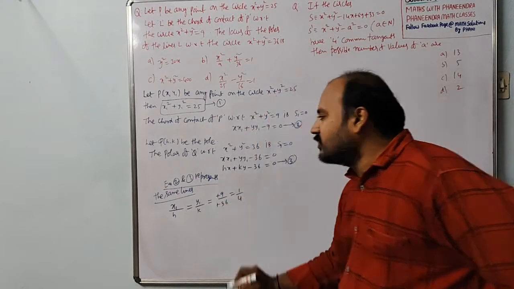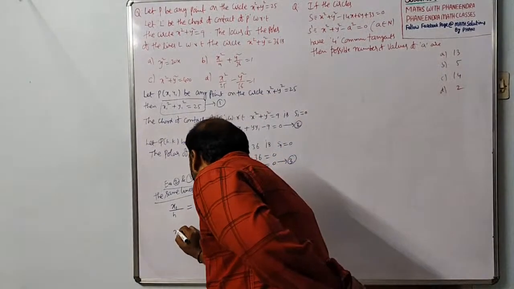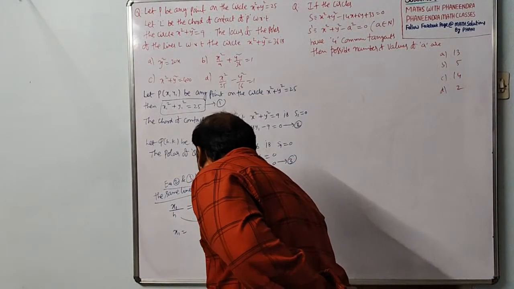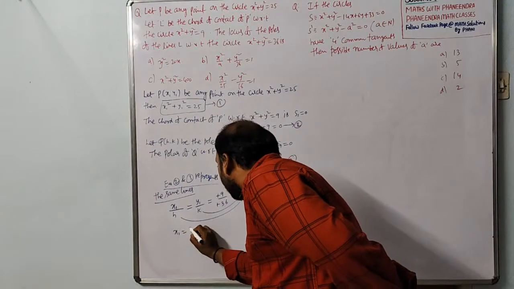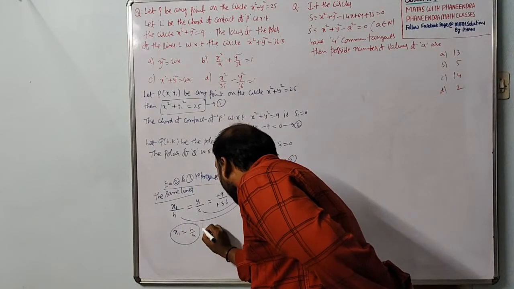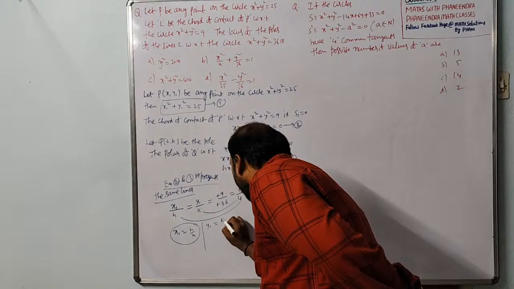So x1 is equal to h by 4, and y1 is equal to k by 4.